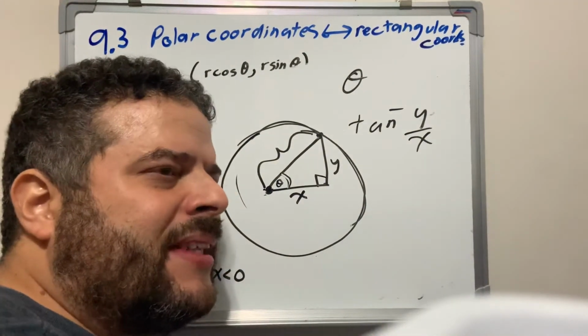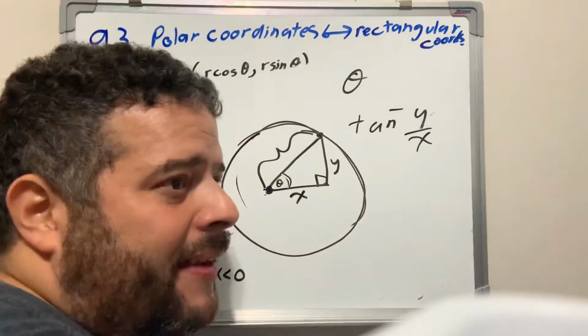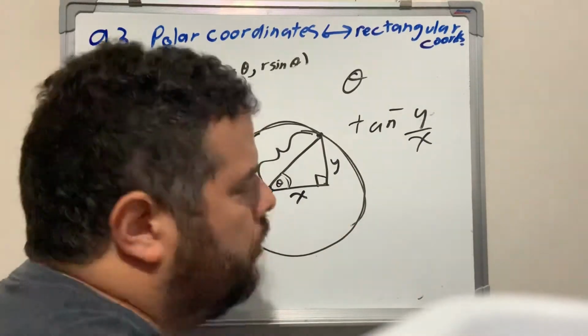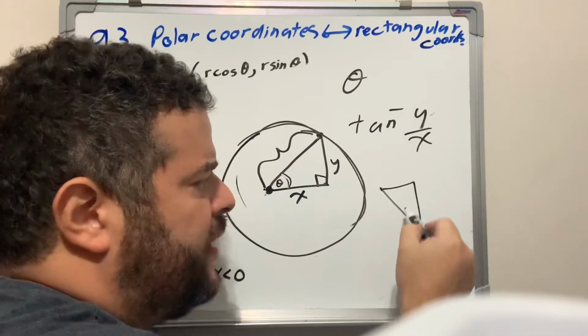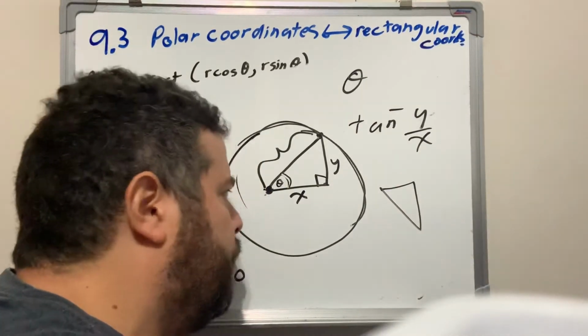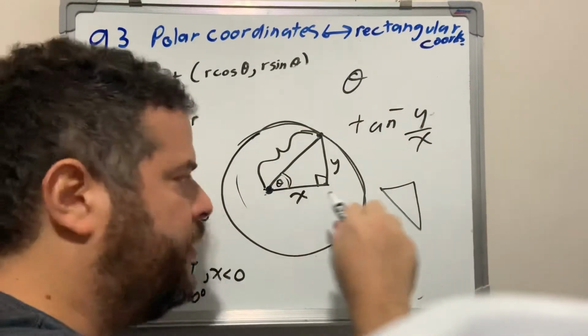Now there is a slight problem. When you're given a triangle, you don't care about the orientation. I mean, the angles are going to be the same, the values are going to be the same. It doesn't really matter. However, there's a problem with polar coordinates.